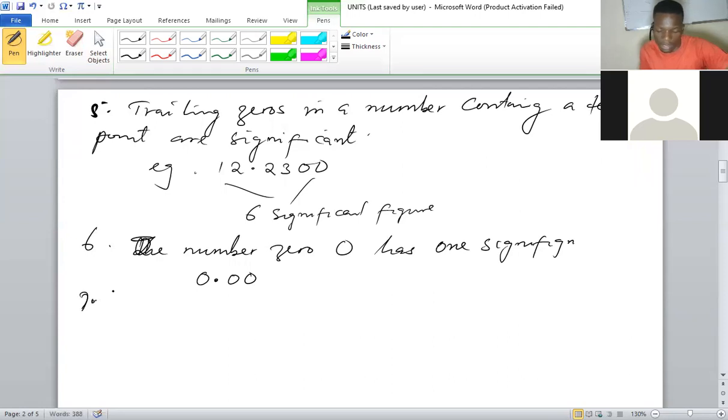And then the last one we have is about scientific notation. The numbers in a scientific notation are considered to be significant.